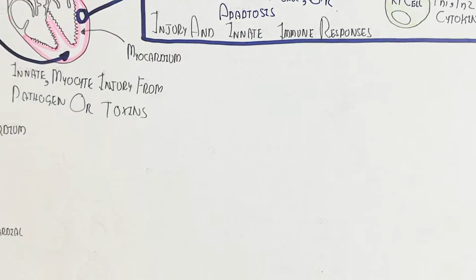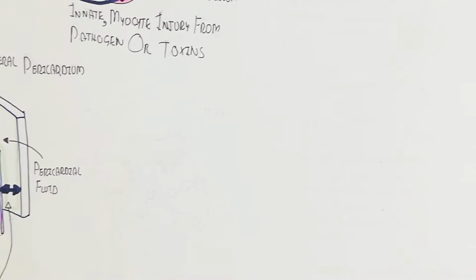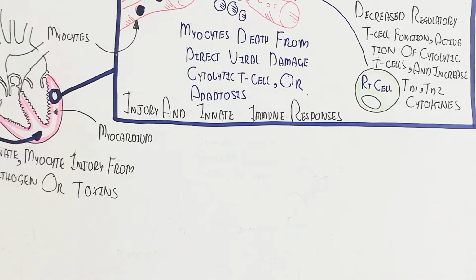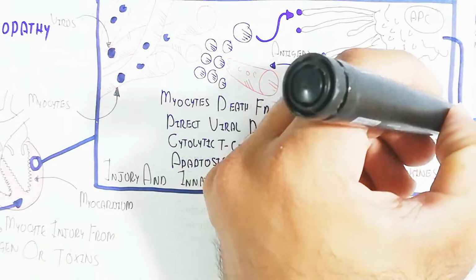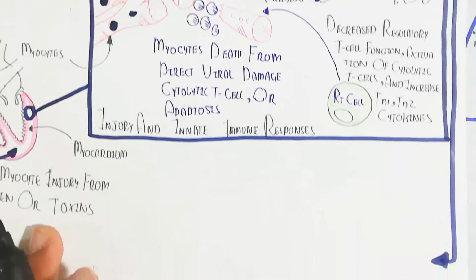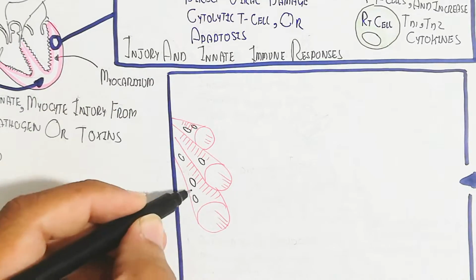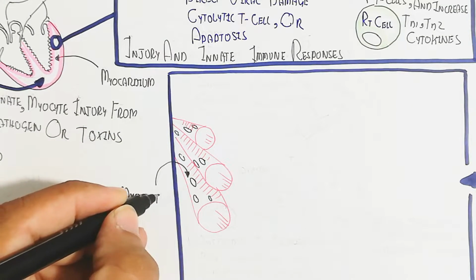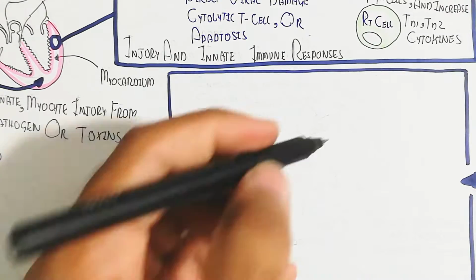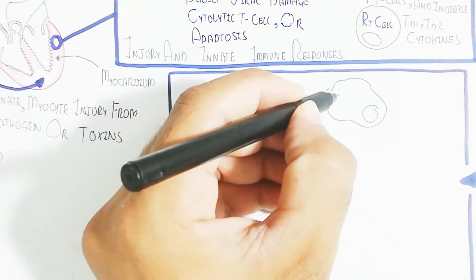The antigen presenting cell will recognize the antigen and go into the lymph node, where the naive T cell or CD4 T cell is presented by the antigen presenting cell through a T cell receptor as well as an MHC molecule.